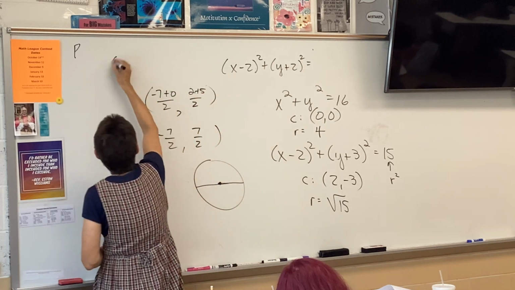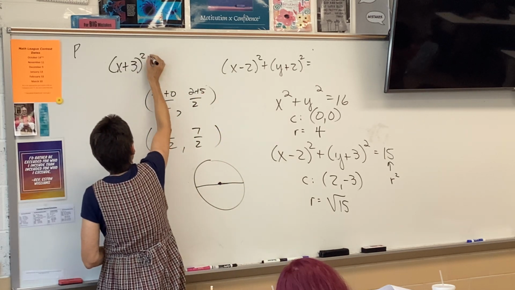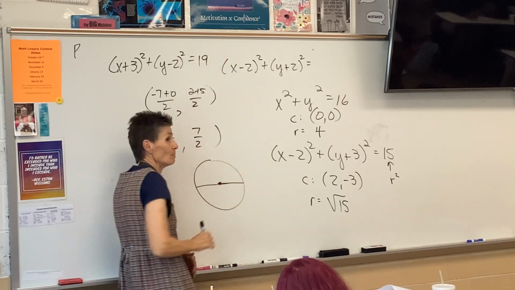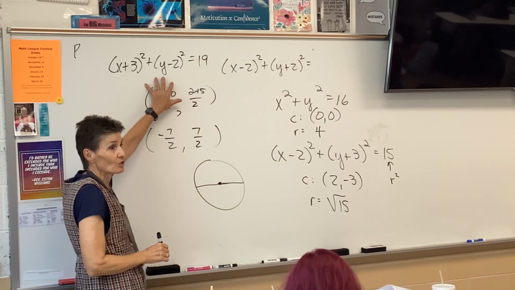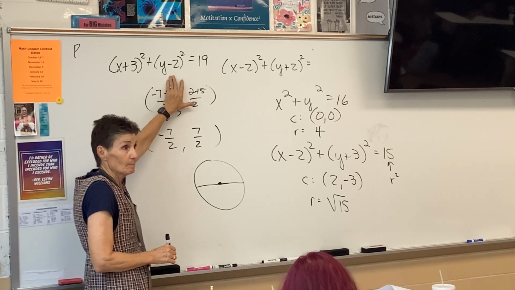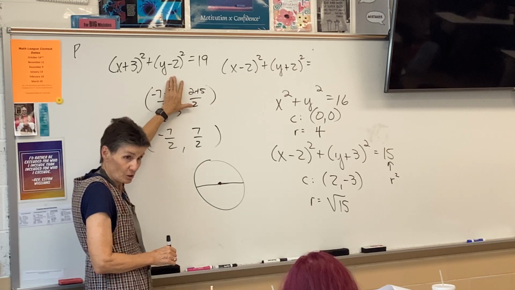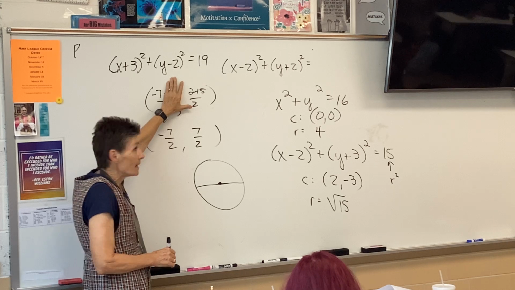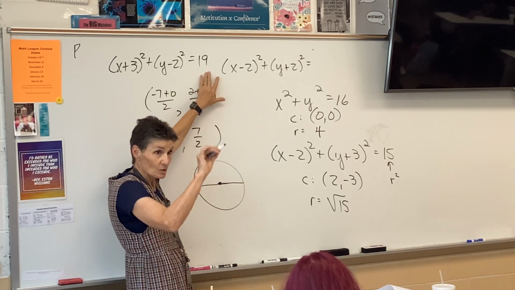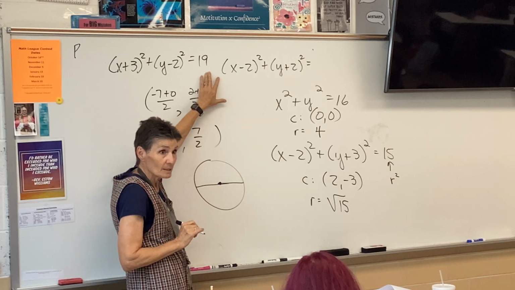If our equation is x plus 3 squared, y minus 2 squared equals 19, tell me the center. What's the center? -3, positive 2. And what's my radius? Square root of 19.